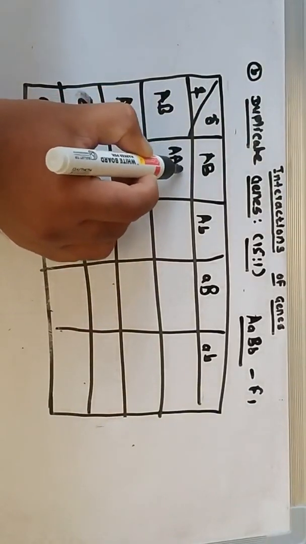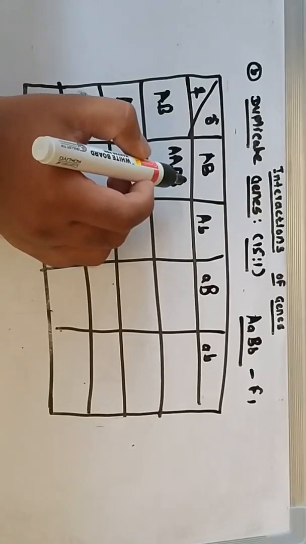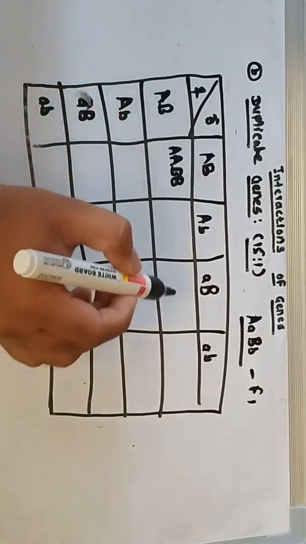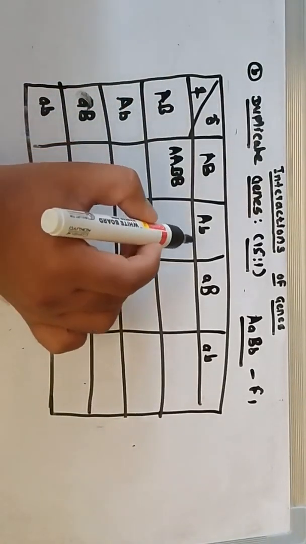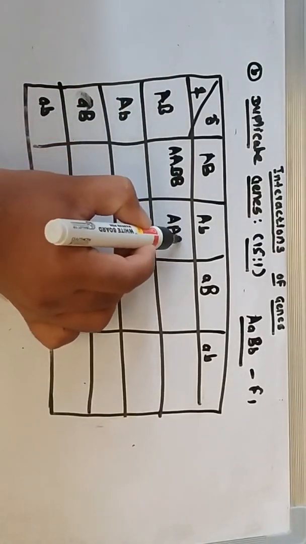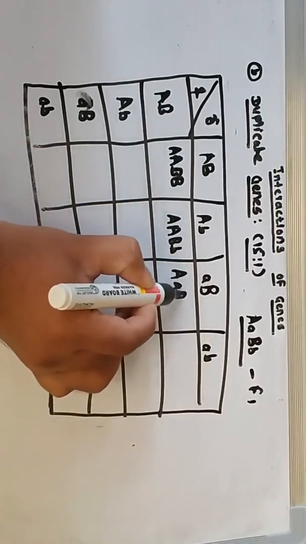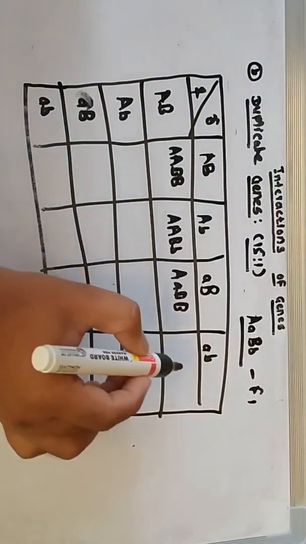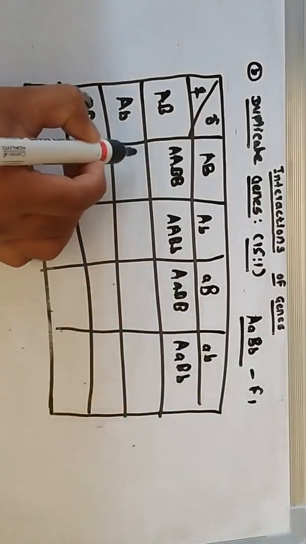Right here: capital A, capital A, capital B, capital B. Capital A, capital A, capital B, small b. Capital A, small a, capital B, small b. Capital A, small a, capital B, small b.